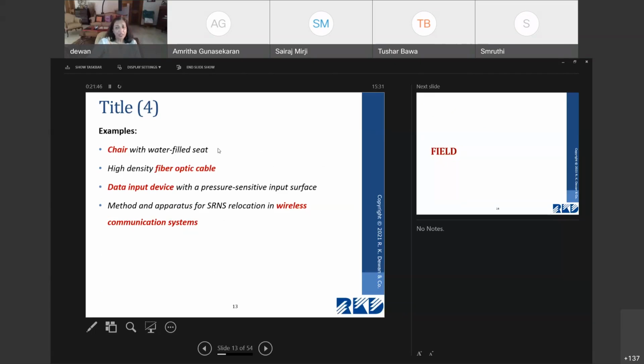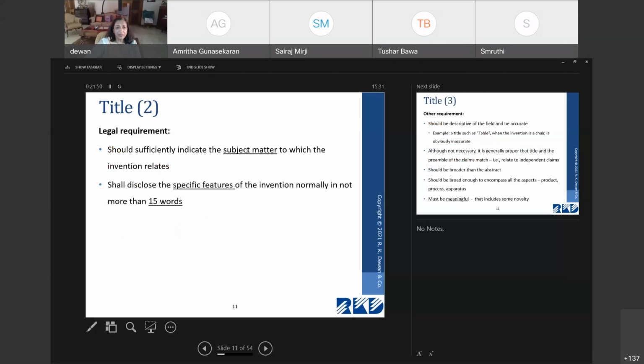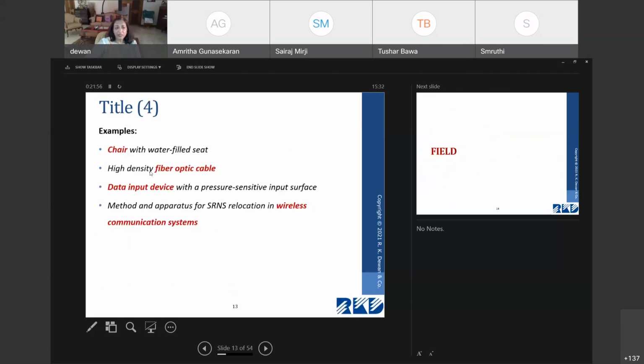We had these 3 requirements: subject matter, a specific feature, and within 15 words. So, chair is the subject matter. This is the specific feature. It has a water-filled seat to make it more comfortable, and maybe for people who get sores or for any of these purposes. And it is less than 15 words.